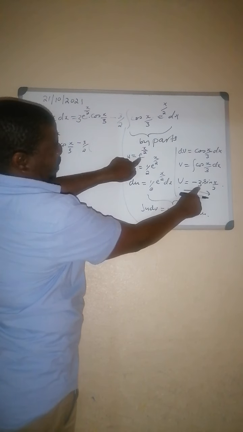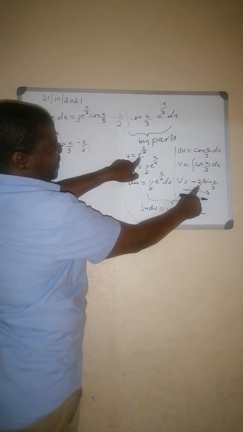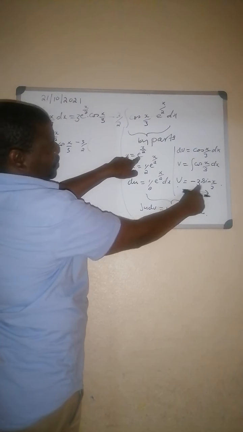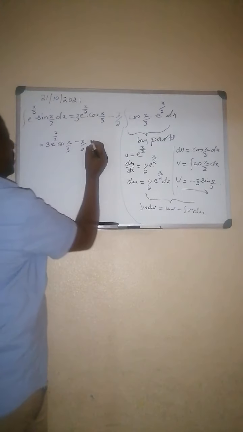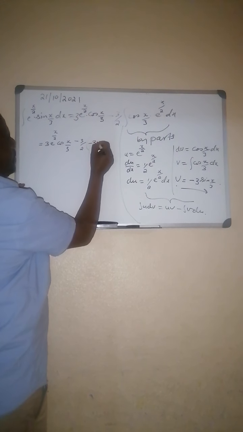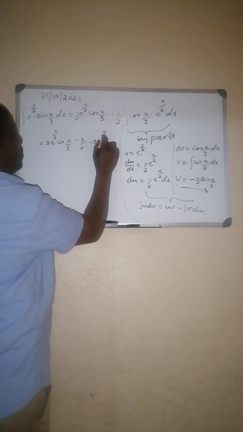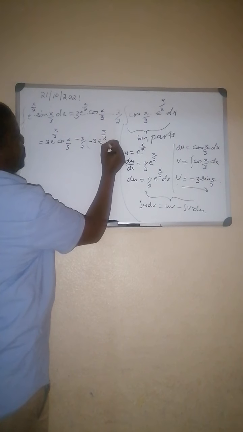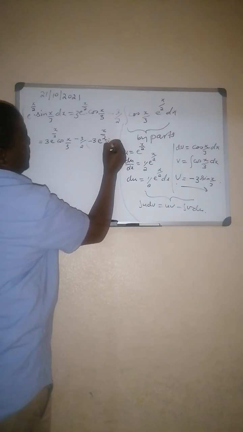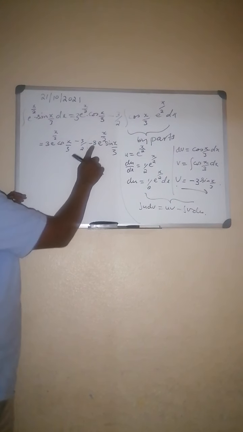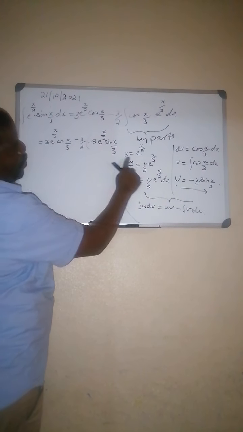So if you look at the uv, I can safely say it is the minus 3 e to the x over 2 sine x over 3. Now, this is the uv.